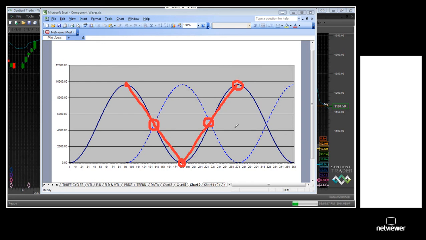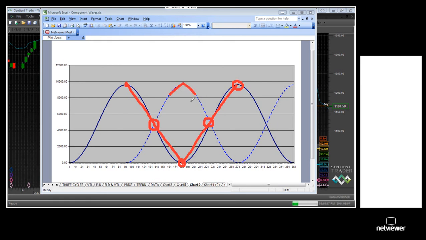Okay? That's not a conjuring trick. It's a purely mathematical statement about how cycles interact with themselves when displaced by half a wavelength. Okay, there's no conjuring trick. It's not a great aha moment. It's purely and simply a mathematical feature, if you like, of an FLD. All right.